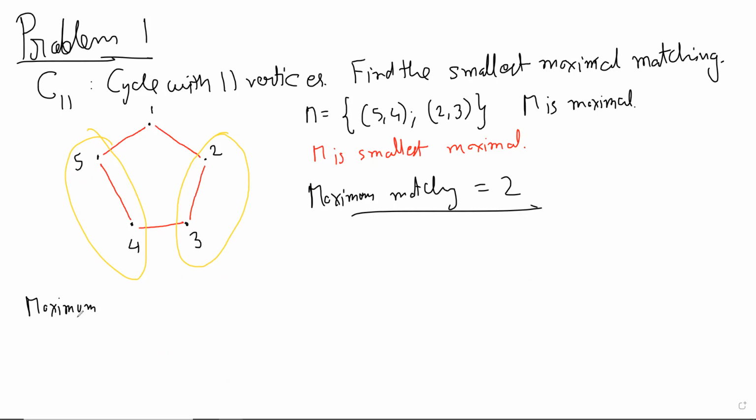Yes. So the maximum matching will certainly be 5, right? So the maximum matching of Cn equals n by 2 or n minus 1 by 2, or you can just say floor. But then what should be the smallest maximal matching?